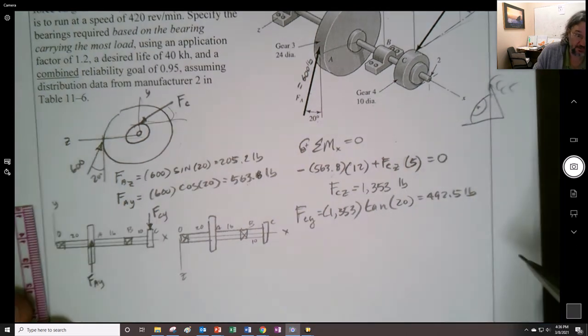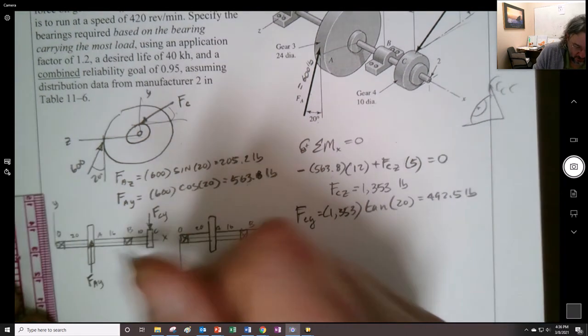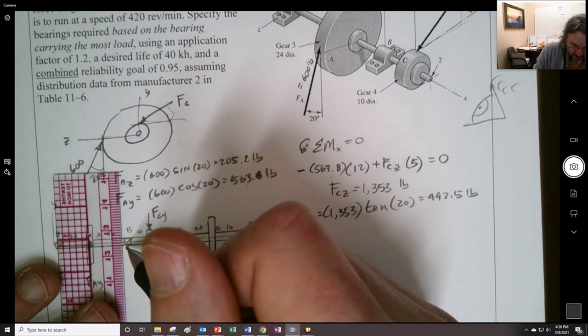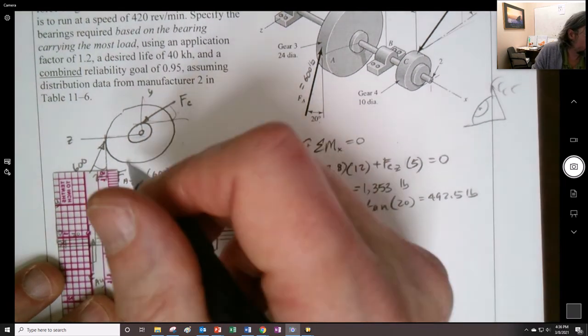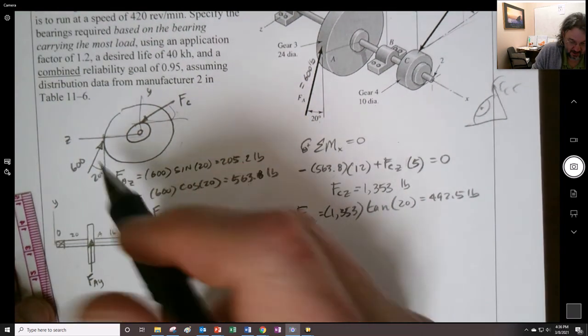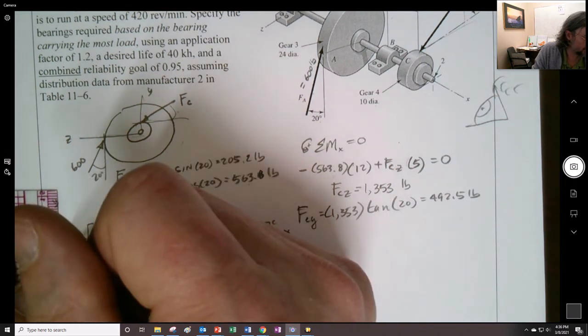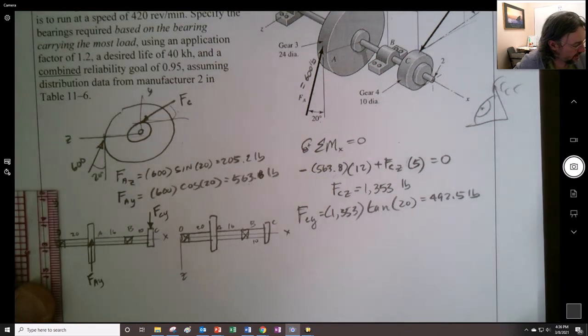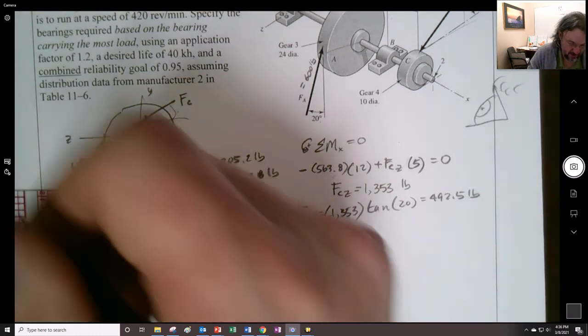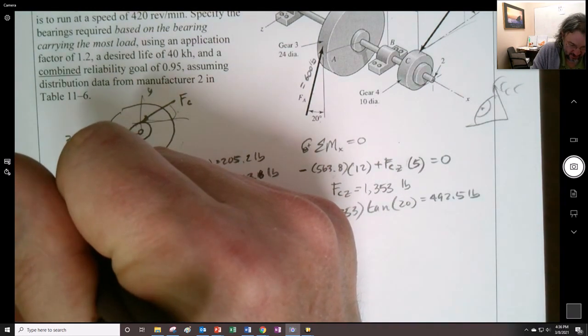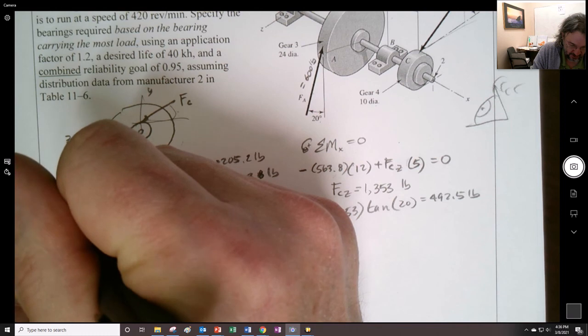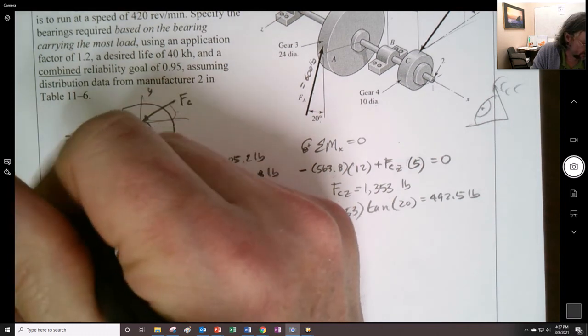I might put my B too close into there. So when it comes to which directions, I drew them both on mine as being upwards, but I know that they got to be downwards. I'm almost certain this one has to be down, right there.